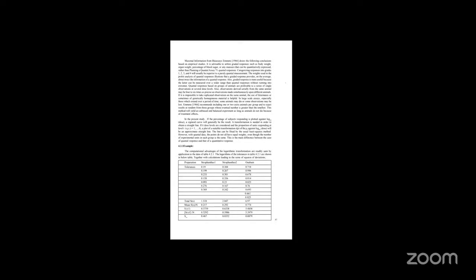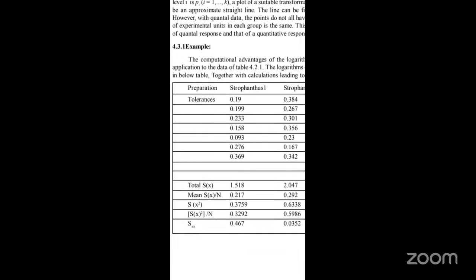Here we can calculate the F ratio. You know that it is S1 square by S2 square. And here we have calculated these two. This is the first column and second column, those values 0.4621 and 0.0352.